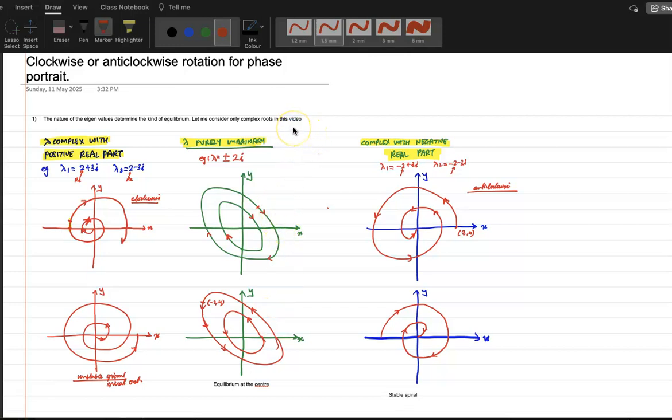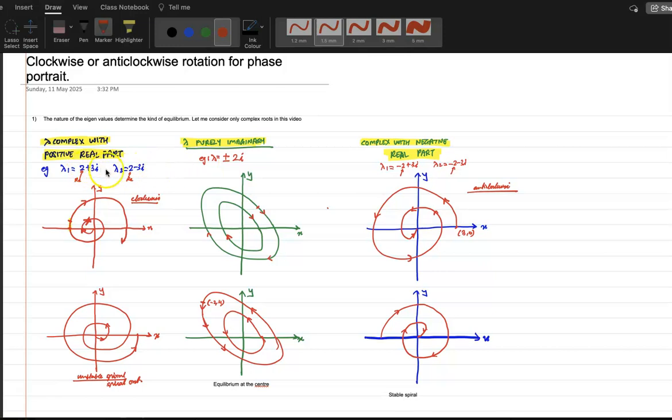Now, if you have complex roots as the eigenvalues, there can be three possibilities. You can have complex roots with the real part being positive, complex roots with the real part being negative, and purely imaginary, when the real part is 0.